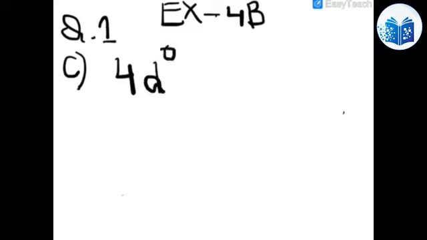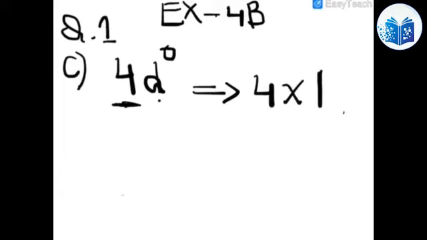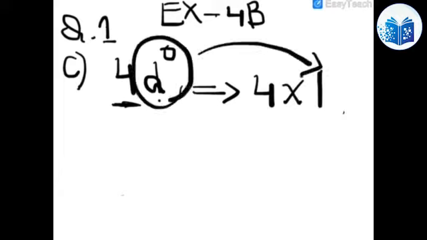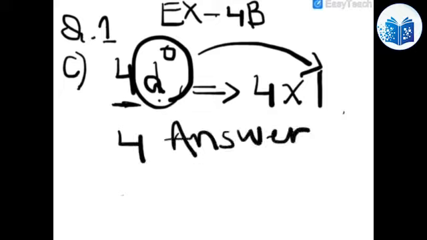Now you tell me what will be the answer of it. This is a multiple. We are not going to be converting this number into 0. Remember, the value or the digit which has the power 0 will become 1, not the multiple of it. So what will happen? It will become 4 multiplied by 1, which is equal to 4, and 4 is the answer.